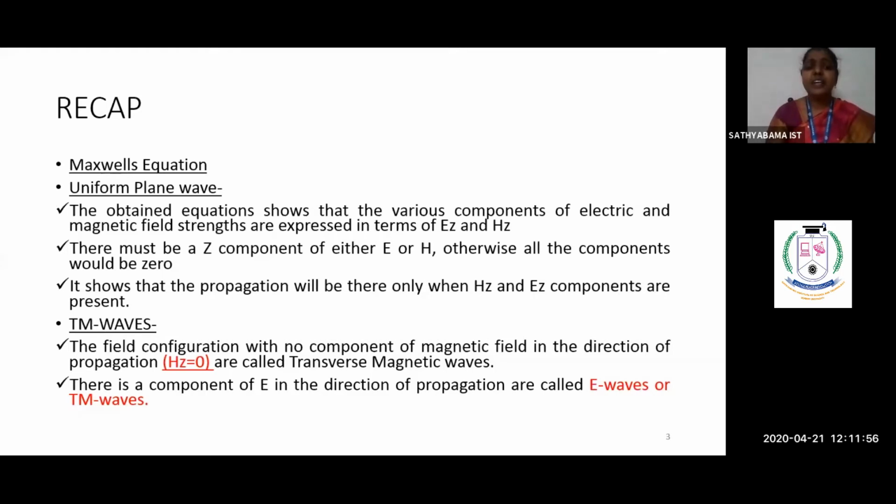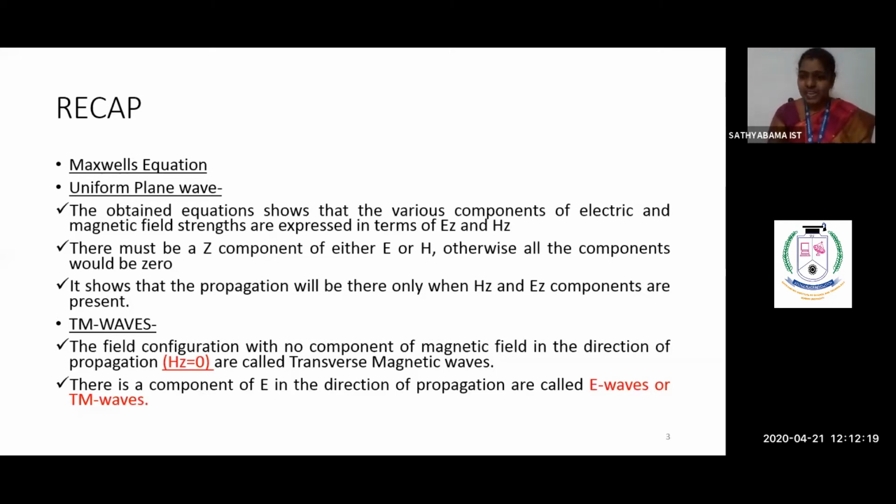Then we did transverse electric waves. What is the meaning of transverse electric wave? What do you mean by transverse? I think some of you who have already seen that concept will remember. Transverse, and the word that comes along with it, that component does not exist in your wave propagation.